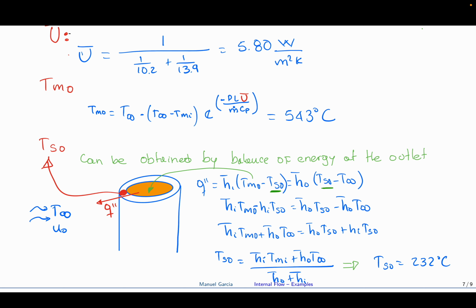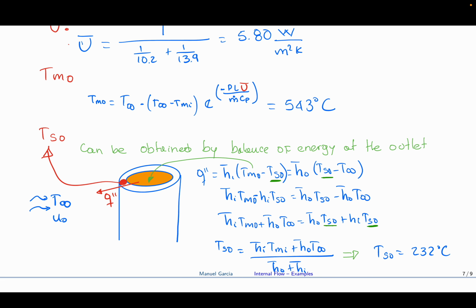And then what we do is group Ts,o terms on one of the sides, and then factorize Ts,o and solve for it. So by solving for Ts,o, we get that the temperature of the surface at the exit is equal to 232.